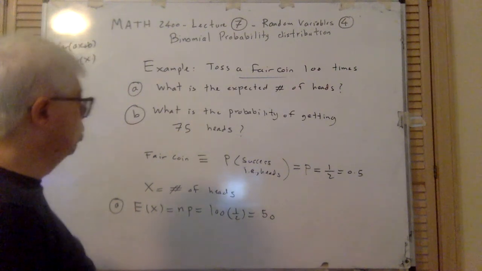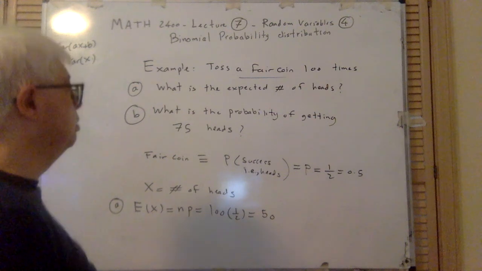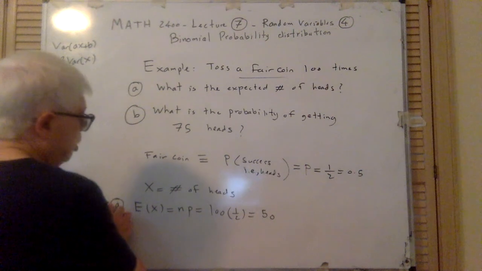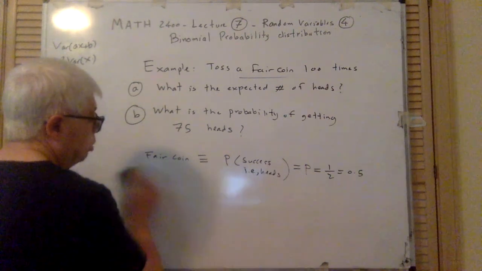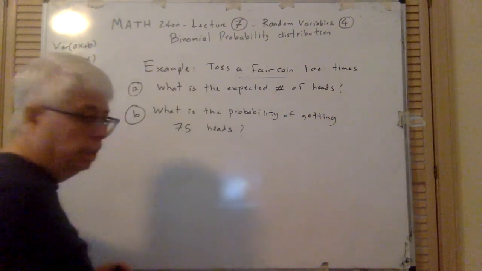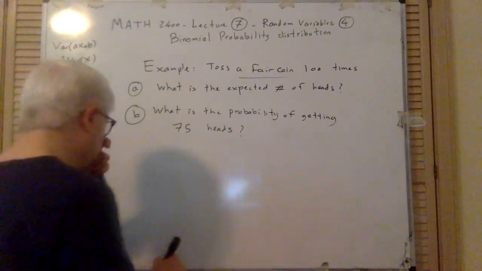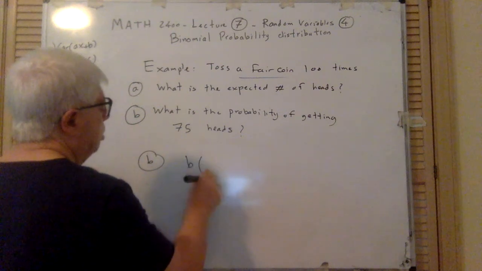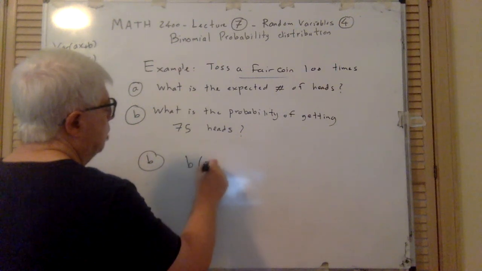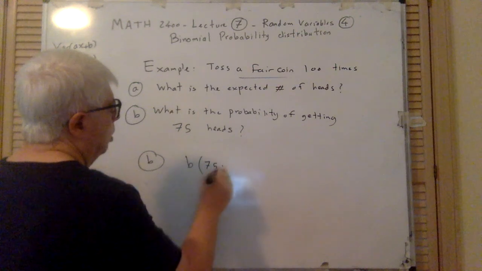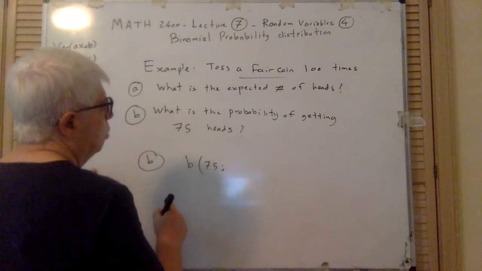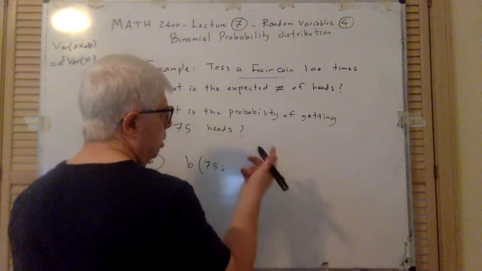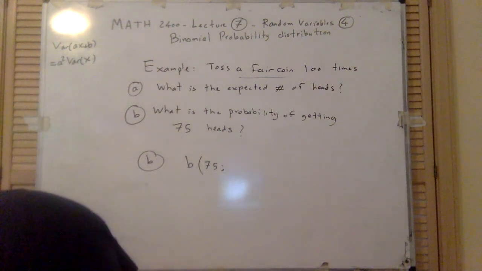Now, what is the second one? What is the probability of getting 75 heads? That is binomial what? So the answer to part A is 50, and part B is B(75; 100, 1/2). Remember, what was first, n p or p n? n, p.